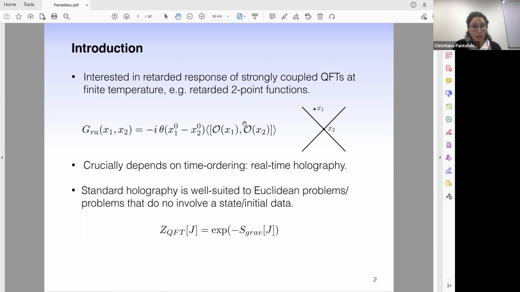Now, just from this definition, it's not too difficult to see where this function has support. In particular, it turns out that this two-point function is only non-zero when x1 lies in the future light cone of point x2. If x1 and x2 were space-like separated, then this commutator would have been 0.